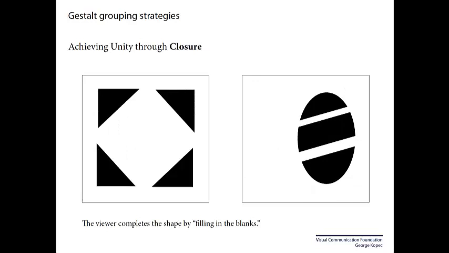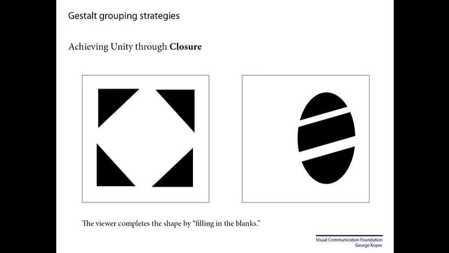Another grouping strategy, gestalt principle, is closure. If we look on the left, our brain automatically sees a white square, because there are four black triangles and within is the white square. So our brain is fabricating this white square.